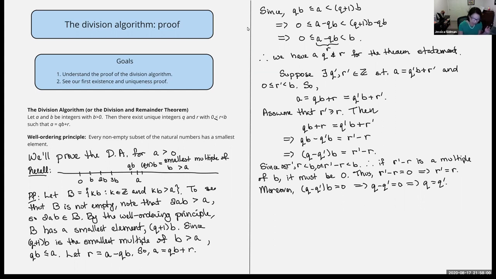What's happened here, I'm going to switch colors in my pen, is that in the second part of this proof, I said, suppose there exist other integers Q prime and R prime such that A is equal to Q prime B plus R prime, and R prime is a possible remainder. And when I do that and do this algebra, what I see is that the Q prime has to be the same as my Q that I found in the first part of my proof, and the R prime has to be the same as my R. So in fact, my Q and R are unique, and we're done.